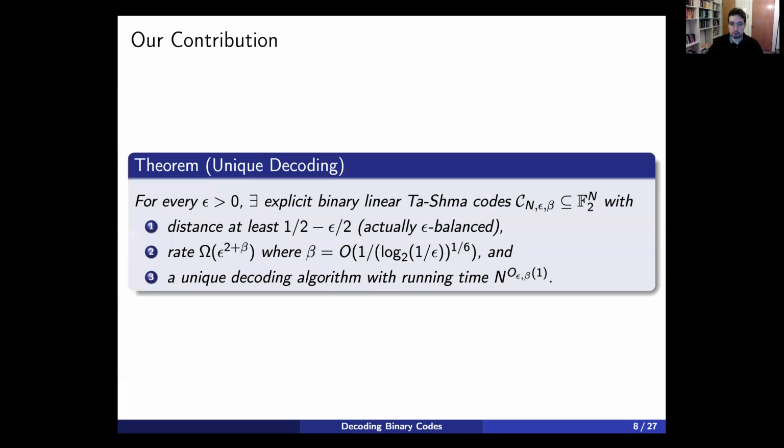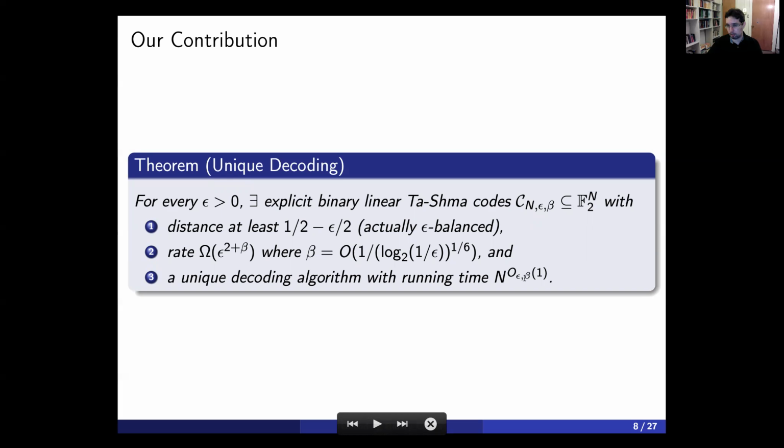And if you want to inspect the parameters, our main result is as follows. We have Ta-Shma's codes. The little o in beta is this. It's slightly worse than Ta-Shma's, but close. And the running time is polynomial, right? So this is the block length, and here we have an exponent where we are hiding factors of epsilon and beta.